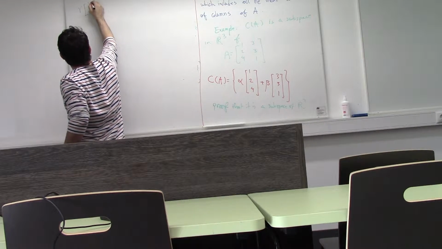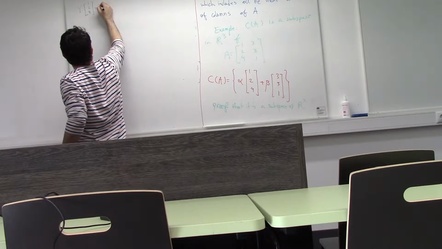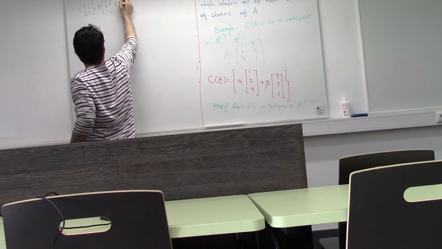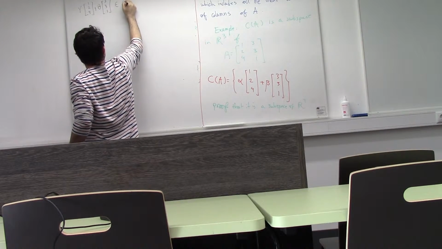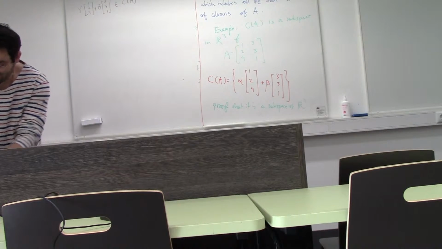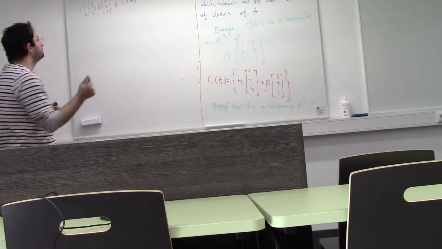1, 2, 4 plus theta 3, 3, 1 belongs to CA. Let's see what will happen to the addition.